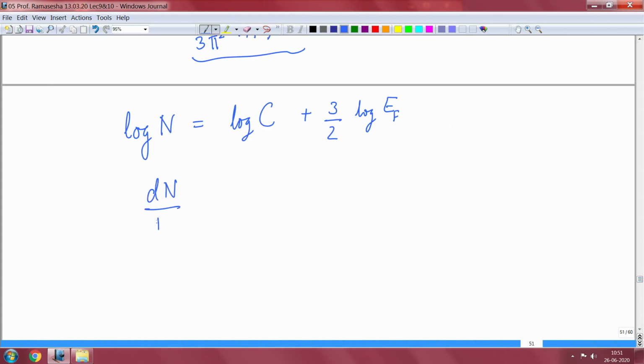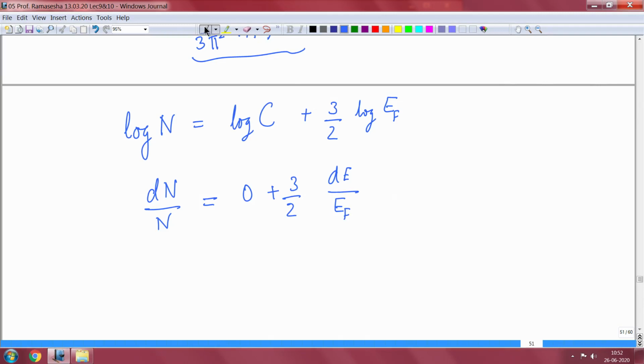dn by n is equal to 0 plus 3 by 2 dE by Ef. It is not dEf, it is just dE, because I am differentiating with respect to energy.